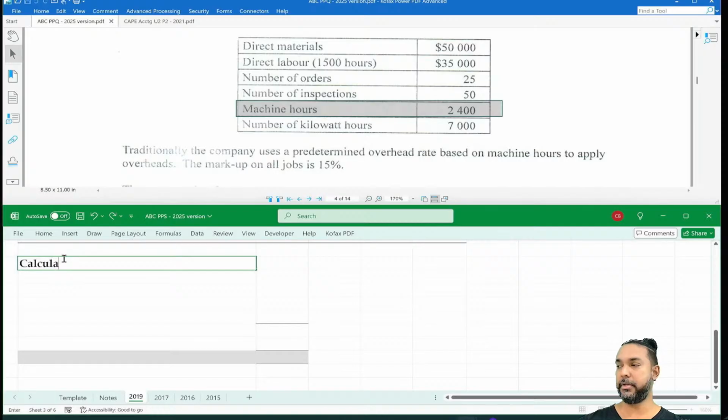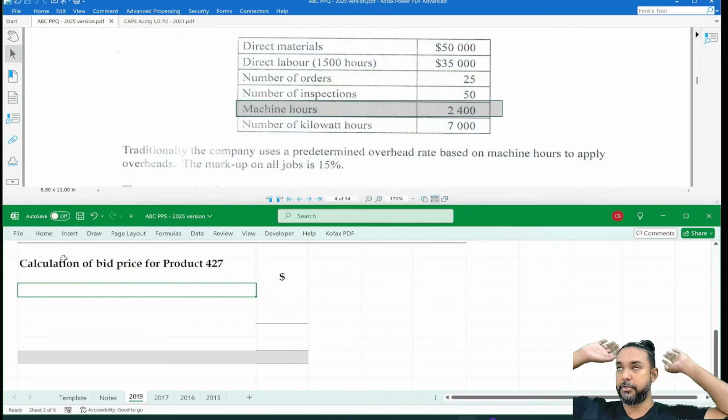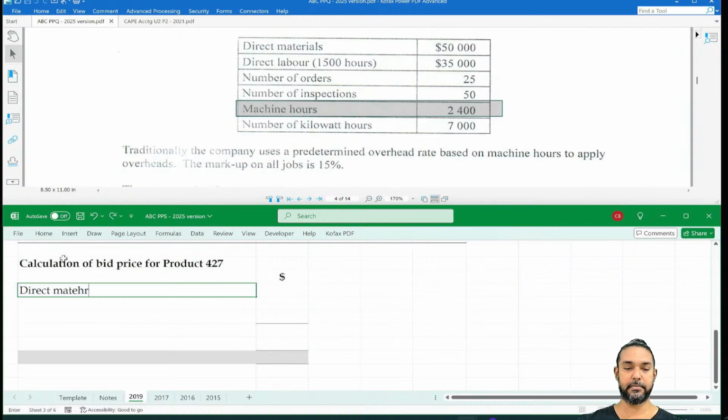All right, so calculation of bid price for product 427. Again, the bid price is based on the total cost plus the markup. Total cost has three components. Direct materials, which is 50,000 at the top of the screen there.